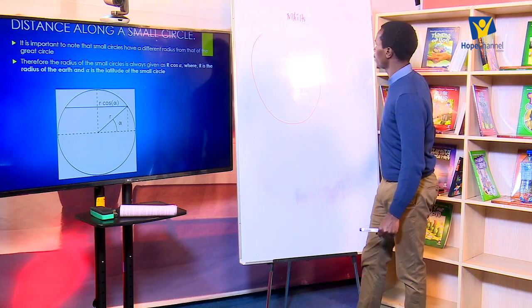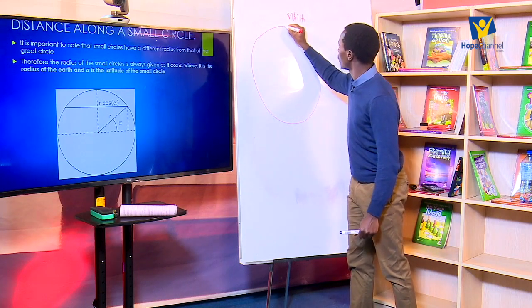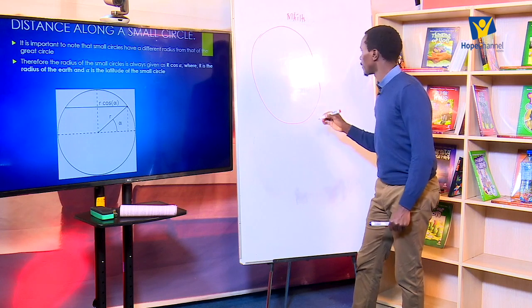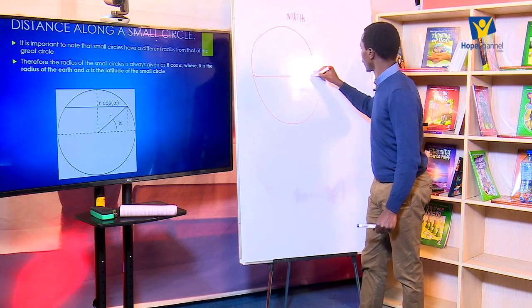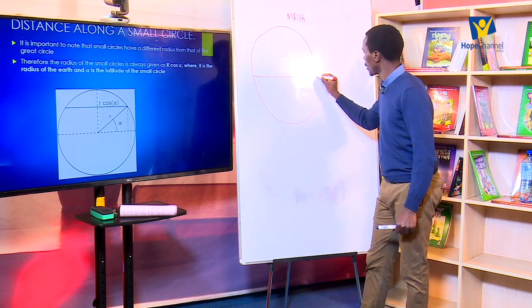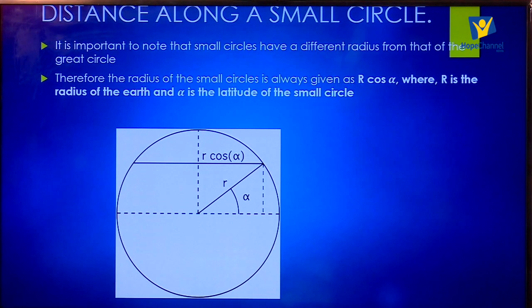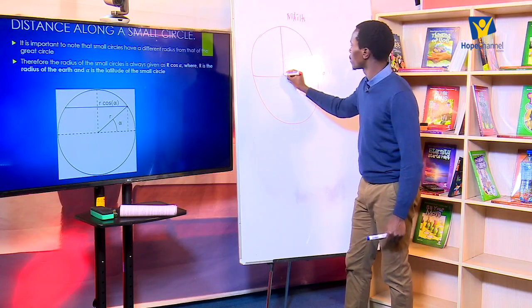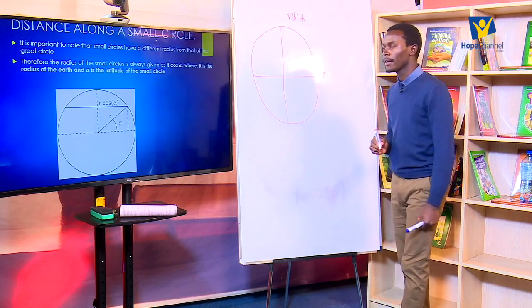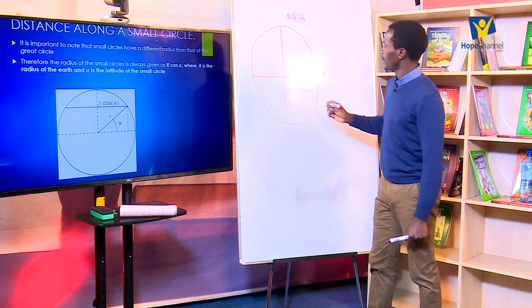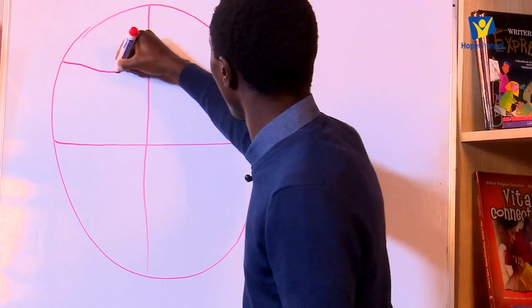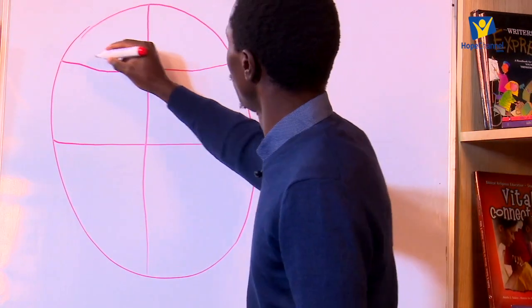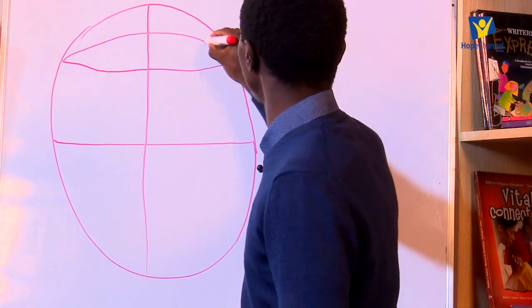If they run from east to west of the Earth's surface, then they will divide, and we have the equator dividing the Earth into two hemispheres, that is 0 degrees. Then remember we have the prime meridian, which is always perpendicular to the equator. After finding that, now we know the radius of the Earth, we've already stated it as 6370. But I want us to be very careful. We want us to consider this diagram here.